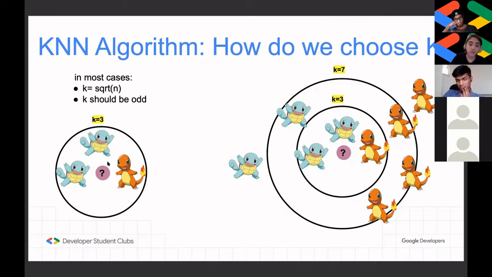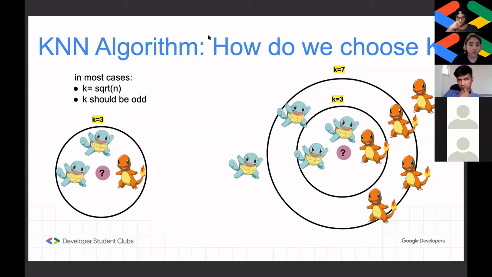Now if this is the input that your algorithm needs to classify, it's going to see what the majority of the nearest neighbors are. That's what's called the majority voting process. Then based on that, it's going to classify what the input is. In this case, the input would be another Squirtle, because there are 2 Squirtles as opposed to 1 Charmander.